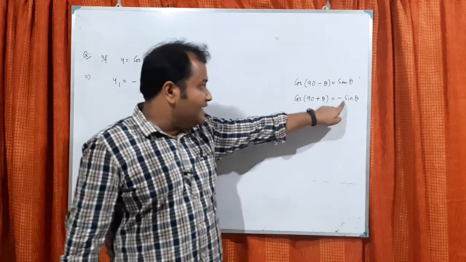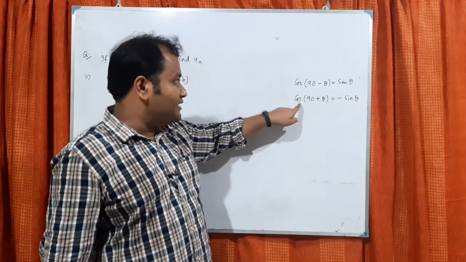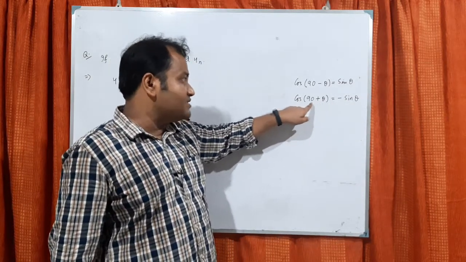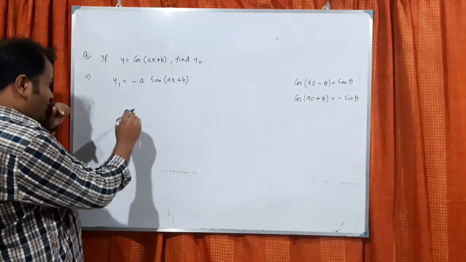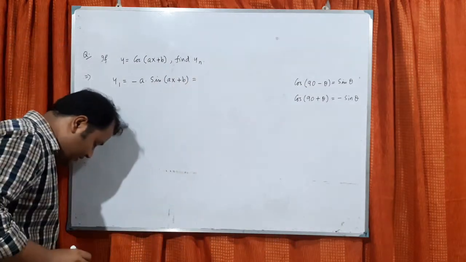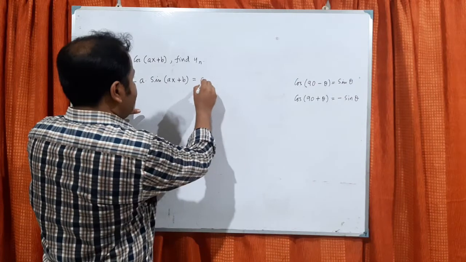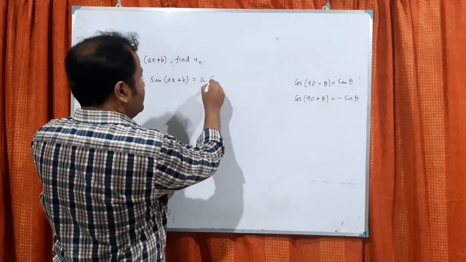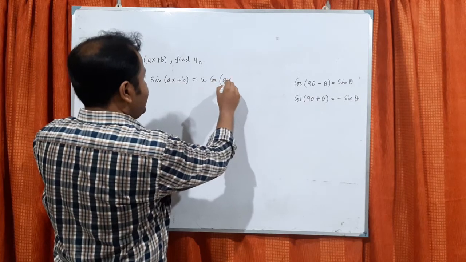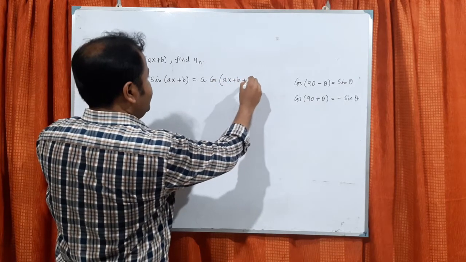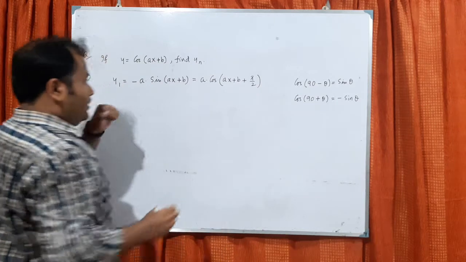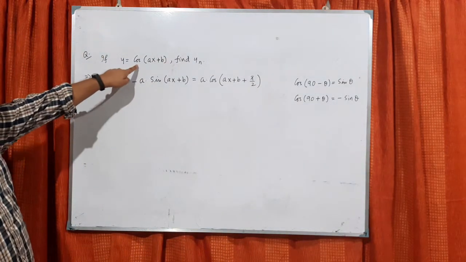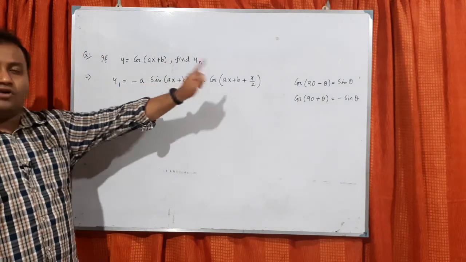So minus sine theta can be written as cos of theta plus 90. So here, a is there, and minus sine theta can be written as cos of ax plus b plus 90. Now you see the derivative of cos is again becoming cos.